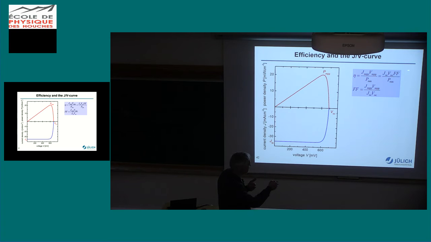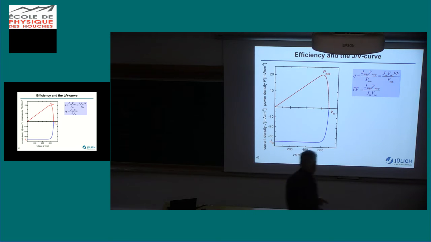So we define the efficiency just as a product of JSC, VOC times the fill factor, which is kind of an inverse definition. So you go just the other way around and say the fill factor is the ratio between the, unfortunately not drawn here, but the maximum power you can also look at as an area at that bias point.